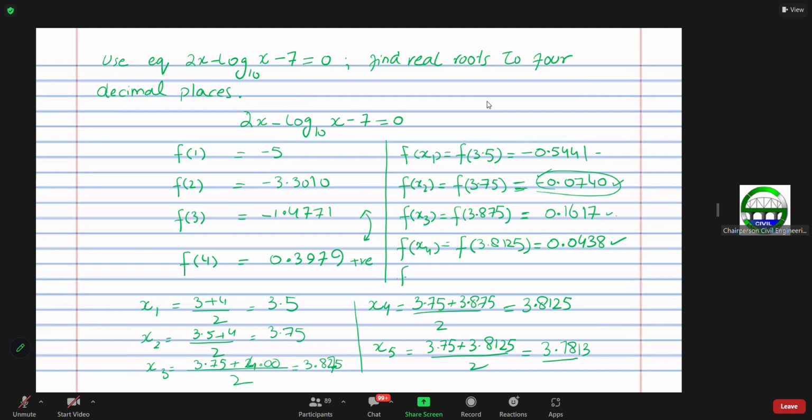And f of x5 will be equal to f of 3.7813. Give me the value here as well.